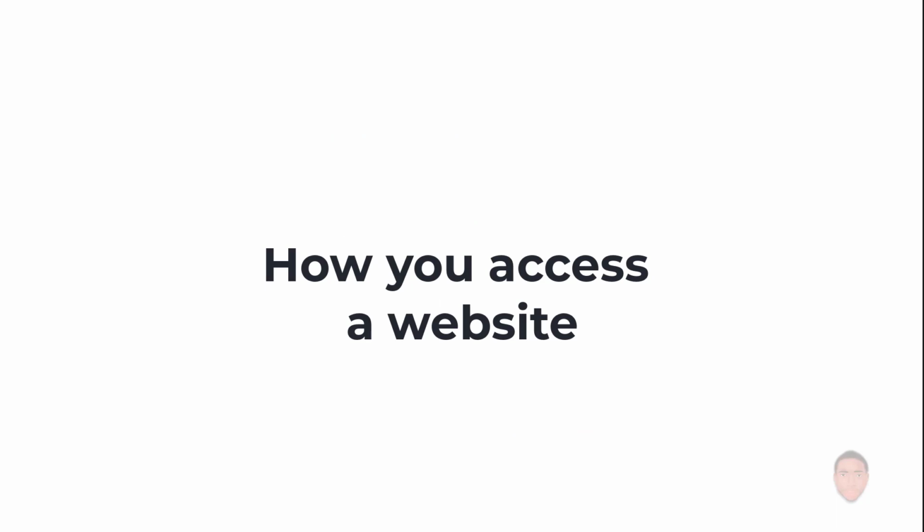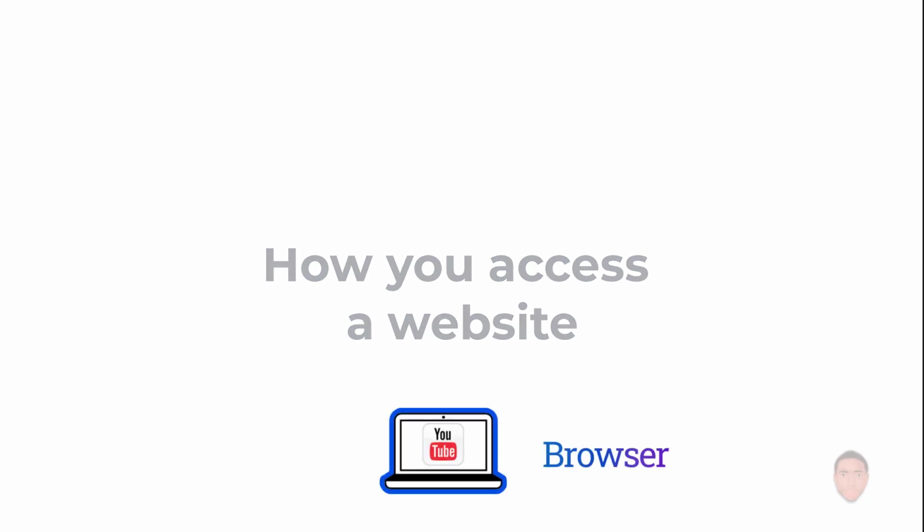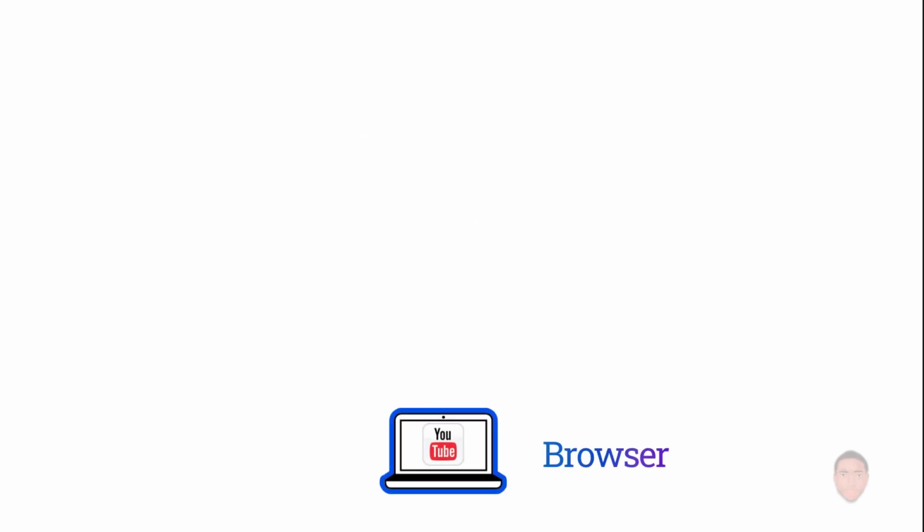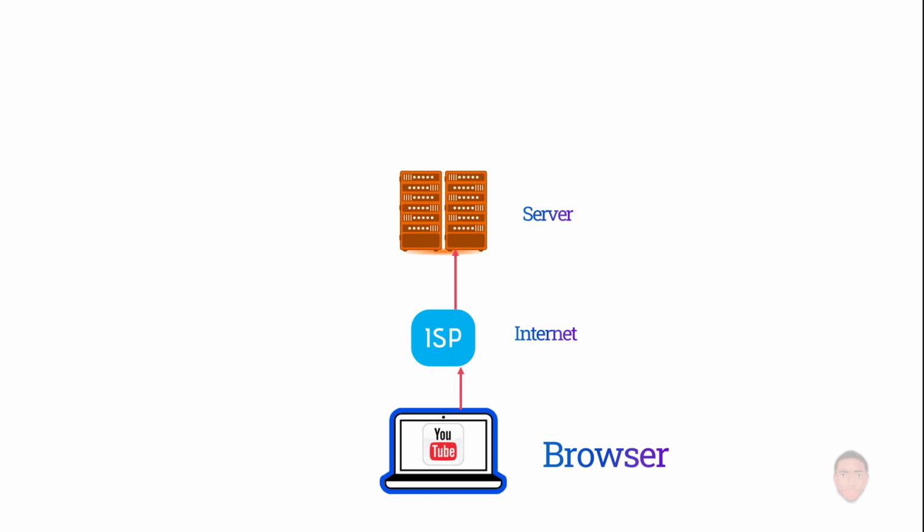So how would you access a website? One of the first steps is that you open up your device of your choice. It could be a mobile phone, it could be a laptop, or any other device that has a browser in it. In the browser, you type the domain name that you want to visit. And then if you have internet connection, it's going to make a request to something called the server.